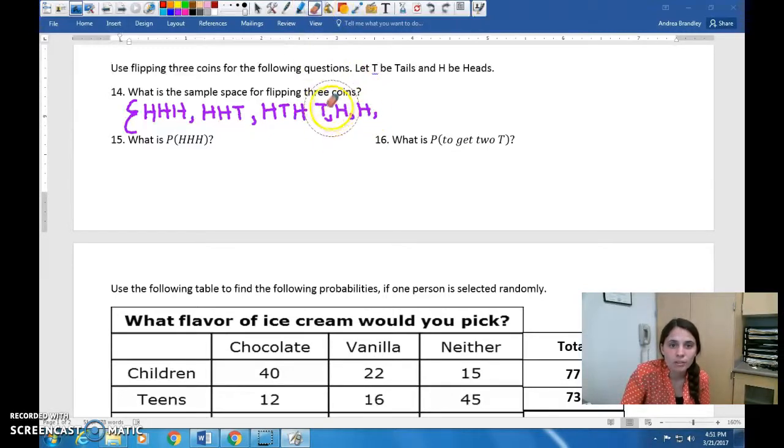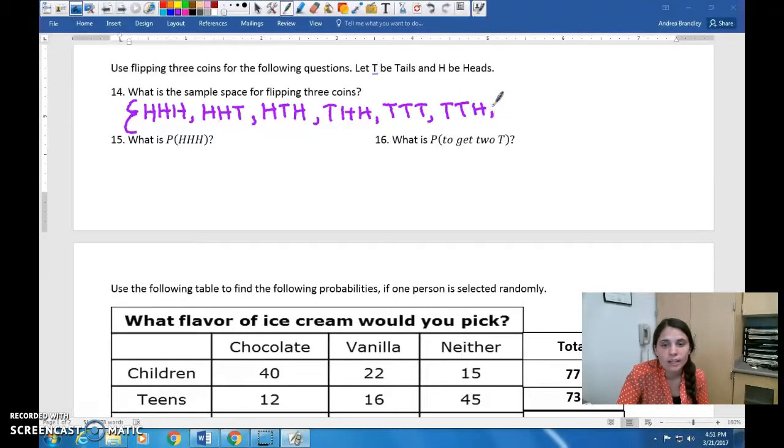Let me take the commas out of here so that doesn't confuse you. So tails, heads, heads. Then I could get a tails, a tails, and a tails. Or I could get tails, tails, heads. Or tails, heads, tails. Or heads, tails, tails. So those are all the possible things that could happen if I flip 3 coins.